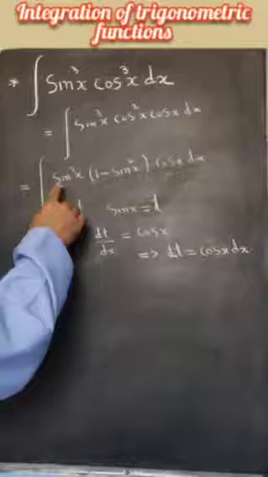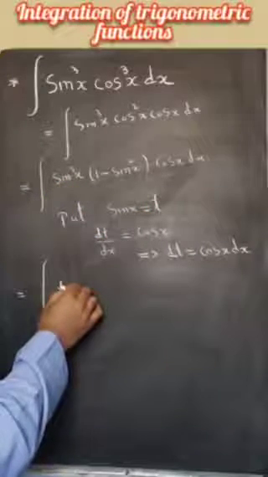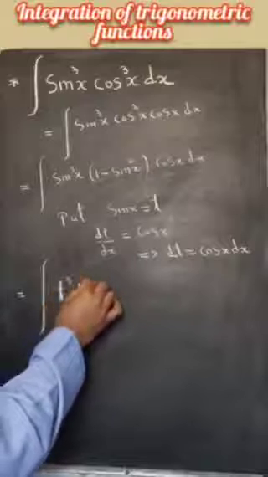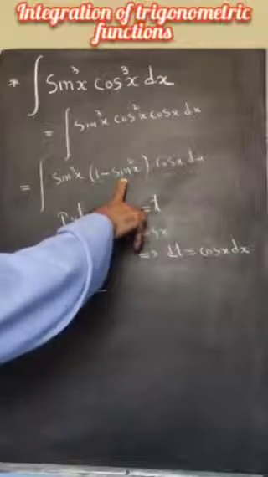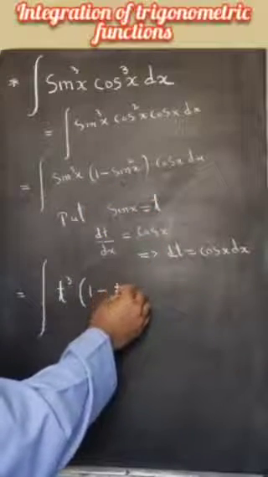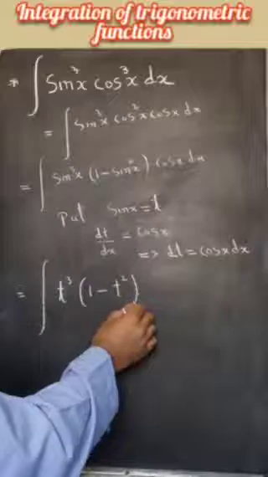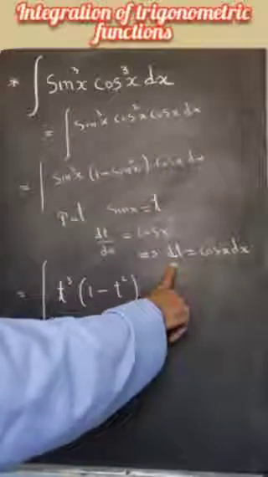Now substitute these in this integral. We get integral, instead of sine x we have t, so we write t cube. Then it is 1 minus, here it is sine square x, so instead of sine we write t, so it becomes t square. Then cosine of x dx we write dt.